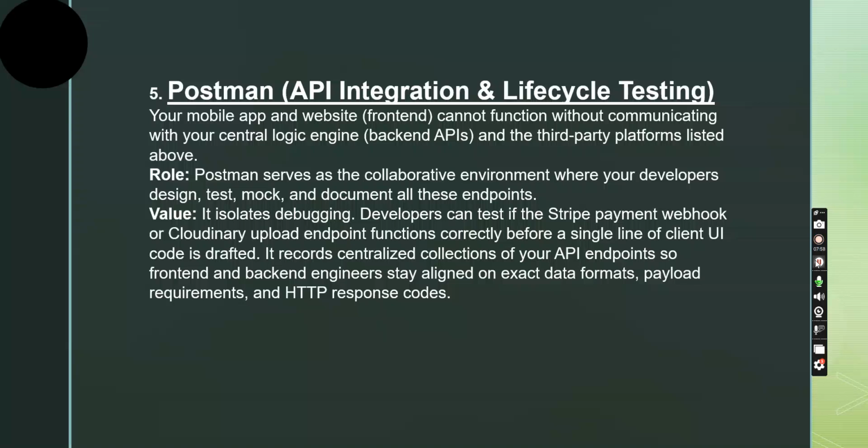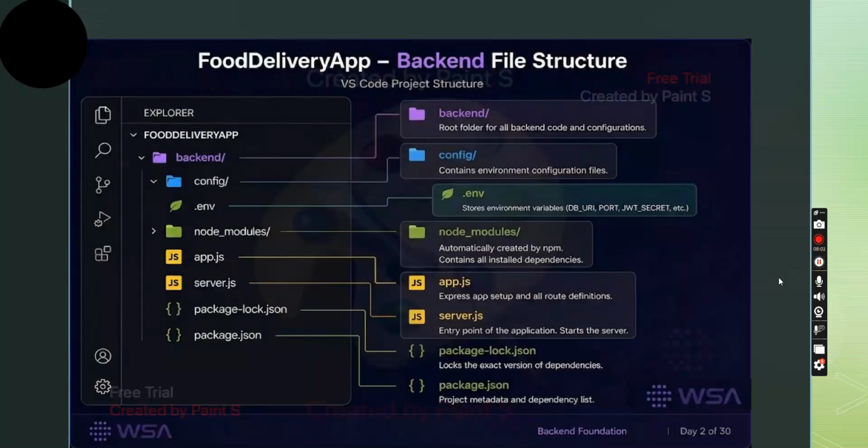So, coming to the workflow, as you can see, we have a backend file structure. The food delivery app basically has backend and frontend files. The backend file handles the logic of the food delivery app. So we are looking at the structure of a backend file.